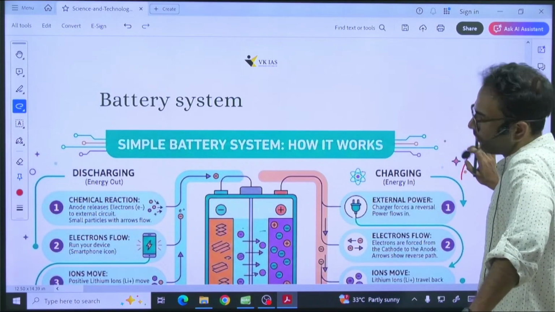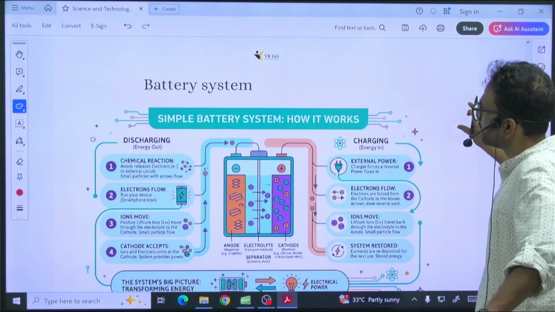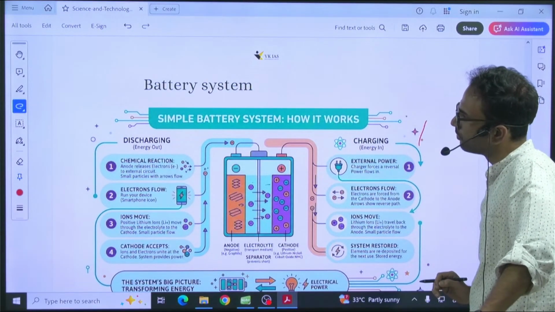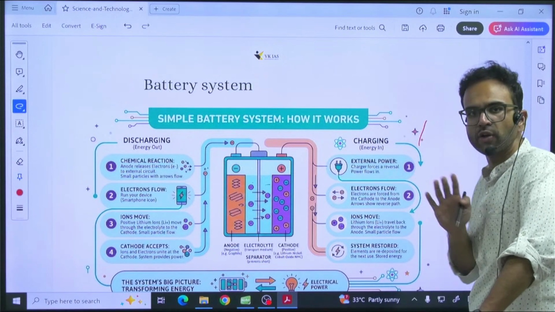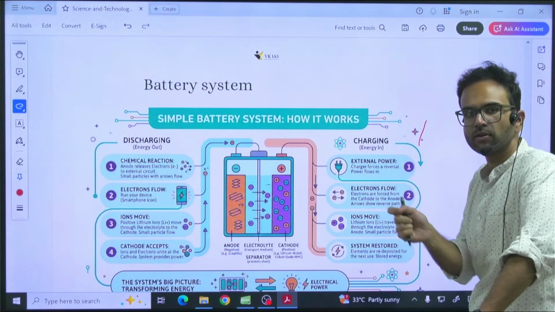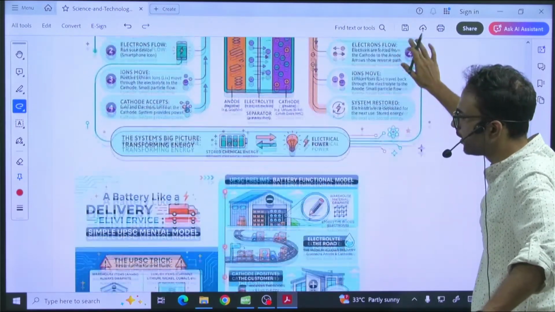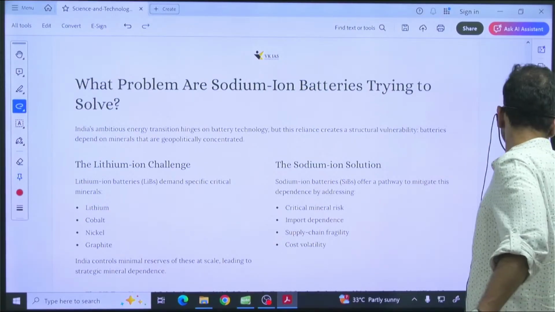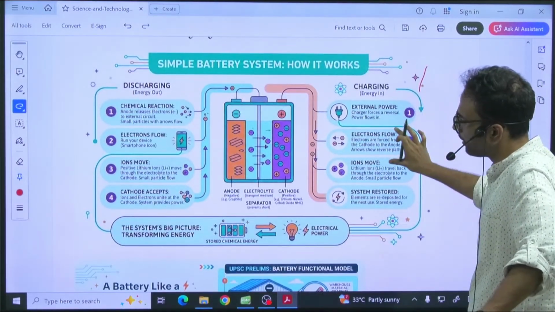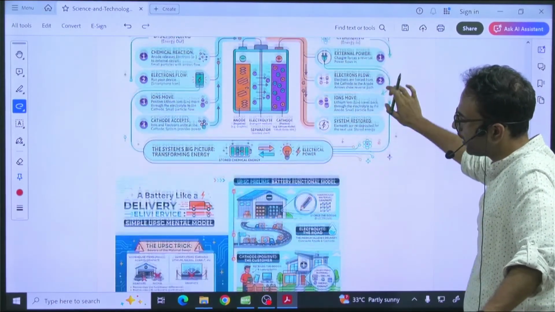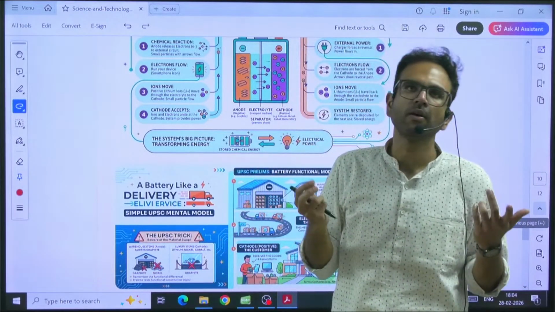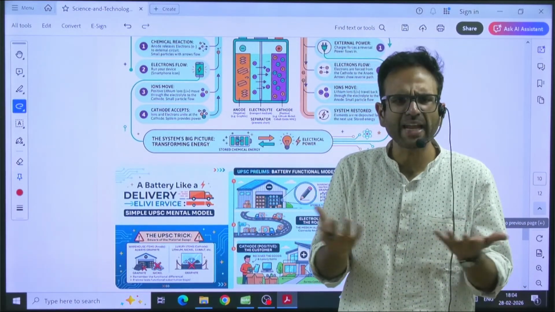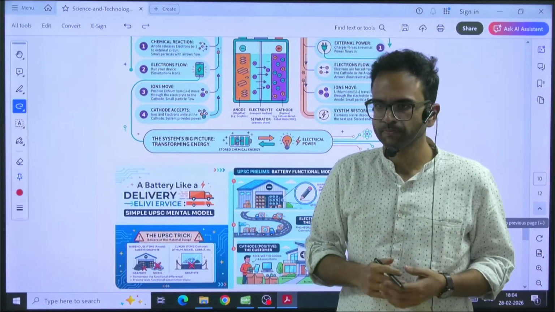Alright, now one last item that I want to discuss is the battery system. Usually a simple battery system works like this. I know it is very mind-boggling for non-science students, so let me create a simpler alternative version. Imagine a battery to be a place where you are delivering energy from one place to another.